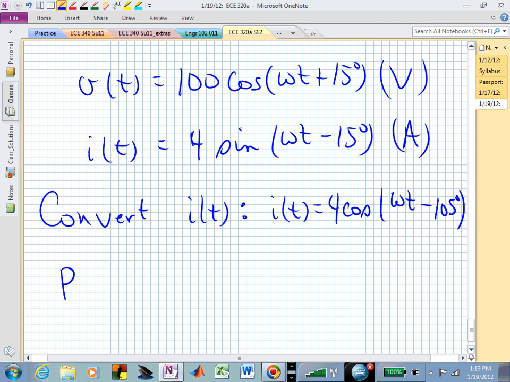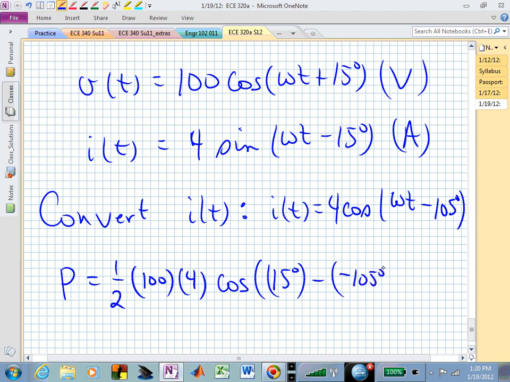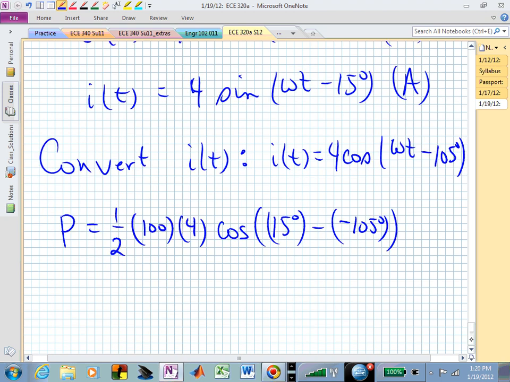Cosine of theta sub v minus theta sub I. What I'm doing here is taking 1/2 the magnitude of the voltage, that's the maximum value, times the maximum current value, times the cosine of theta sub v minus theta sub I. This is now 400 divided by 2 times the cosine of 15 plus 105, or 120 degrees.